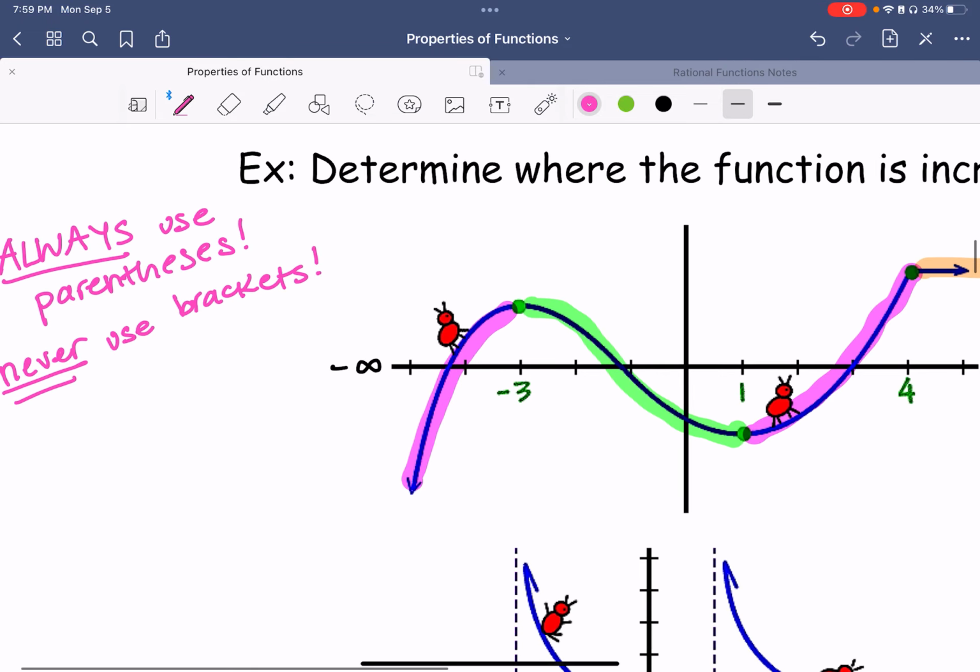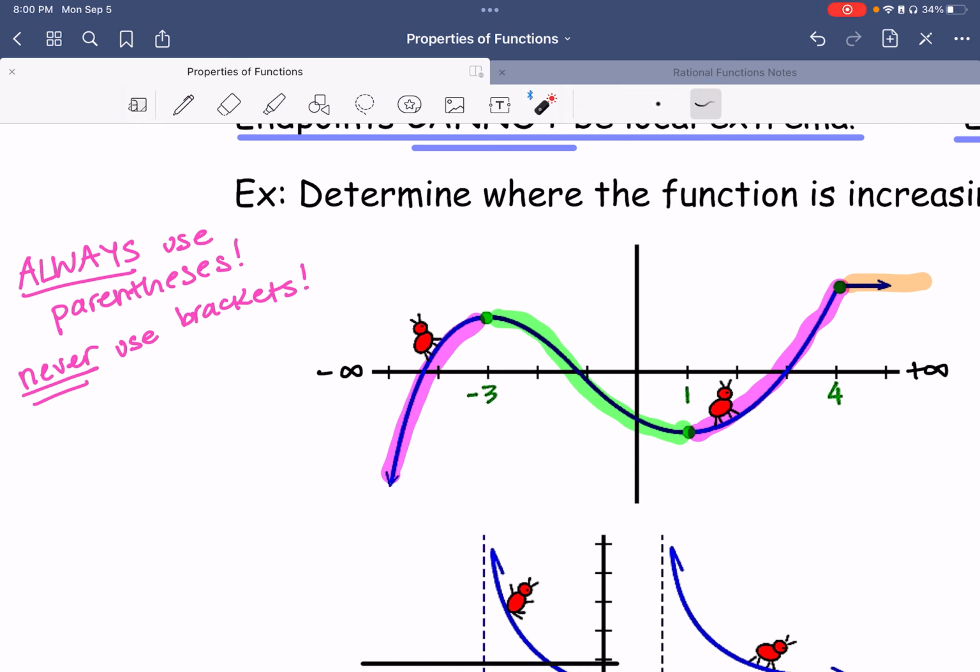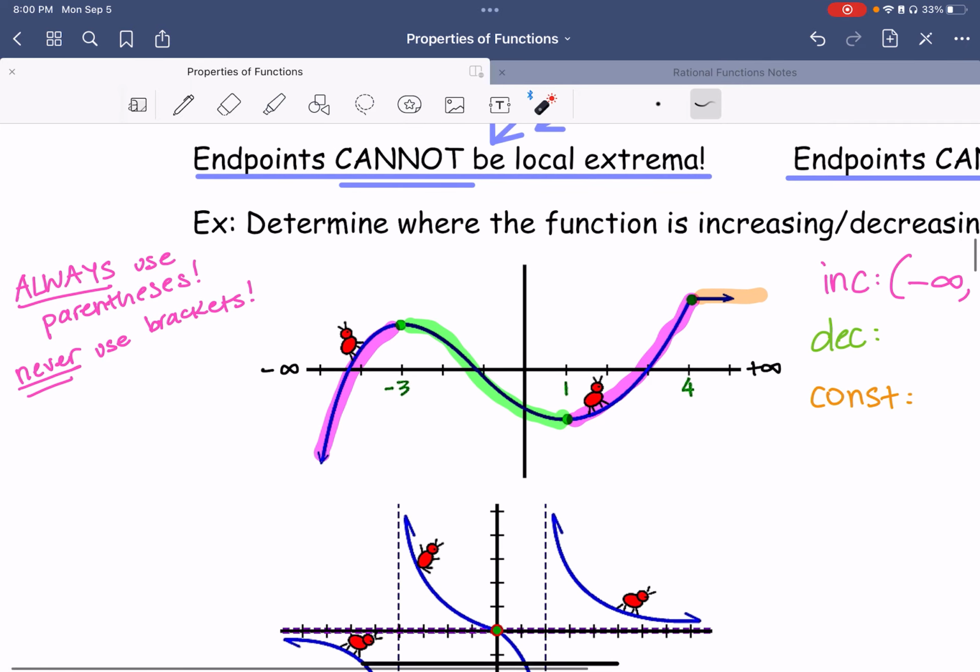The reason that you're never going to use brackets is because notice at this point at -3, it corresponds to the end of the increasing and the beginning of the decreasing. So because -3 will be associated with both the beginning and the end of a direction, it's going to be part of both intervals, so it's not exclusively applied to one. And since they're going to share that value, it's going to be an open parentheses. Again, because it's going to be shared.